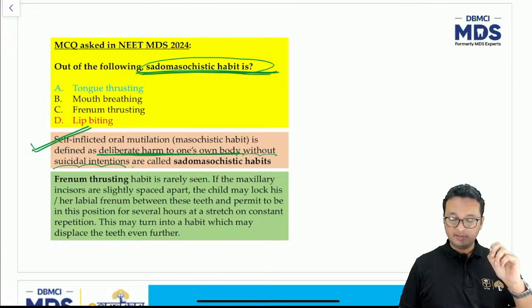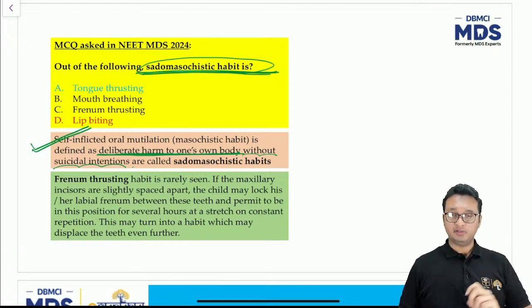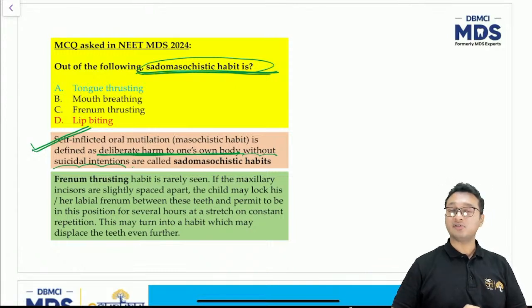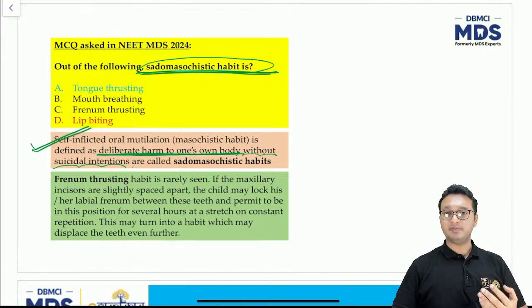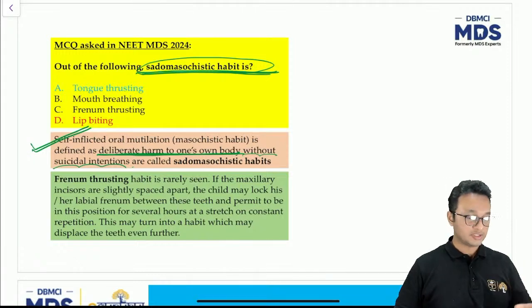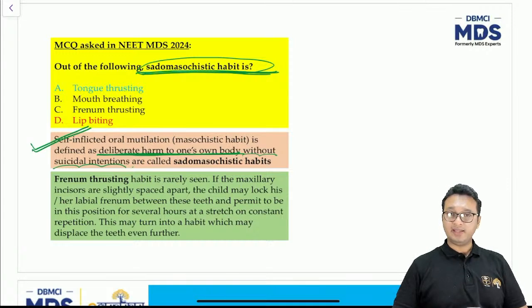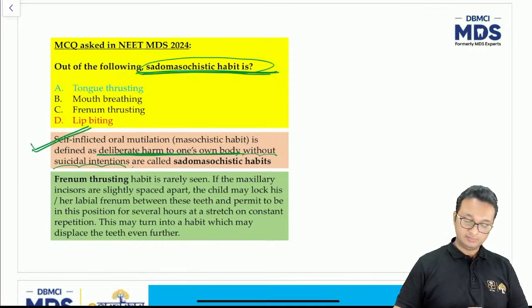Now there was a small controversy in this particular question, since these questions are all memory based. The questions which are presented to us are all memory based. So I don't know whether lip biting was there in the options or not.